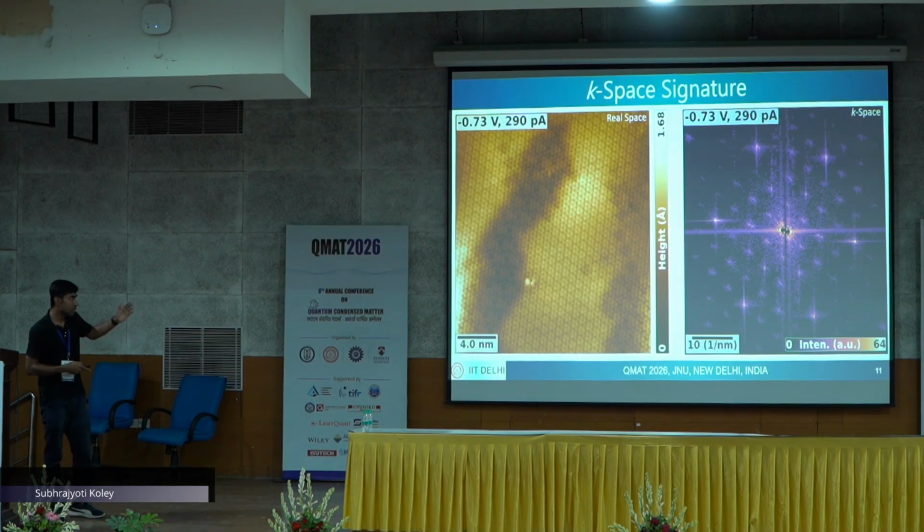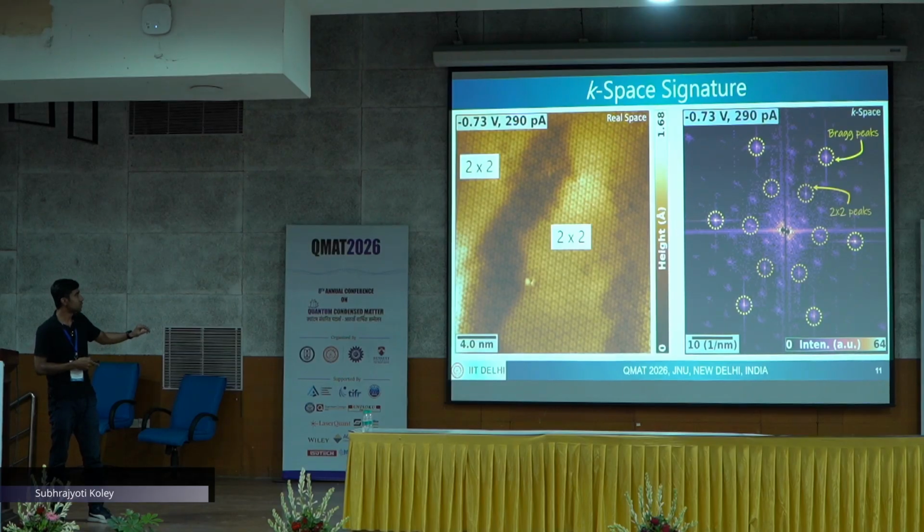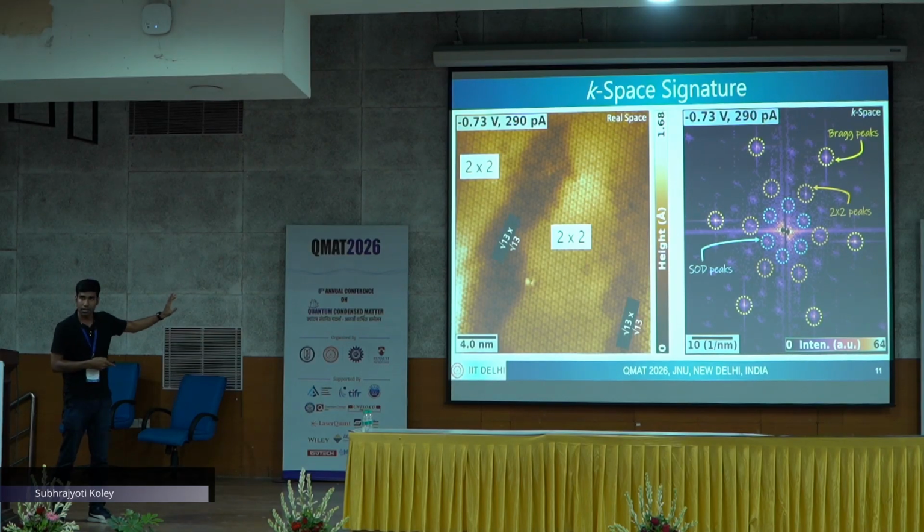Now from the K-space image, we found the spots corresponding to the 2x2 and the Star of David. These peaks correspond to the Bragg peaks, these are the 2x2 peaks, and these peaks correspond to the Star of David peaks.